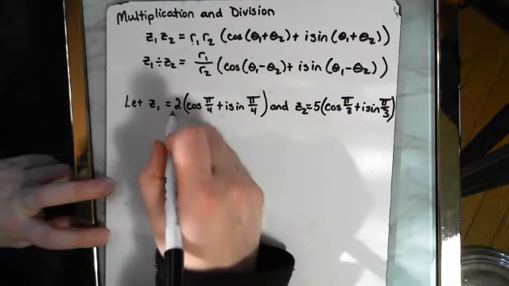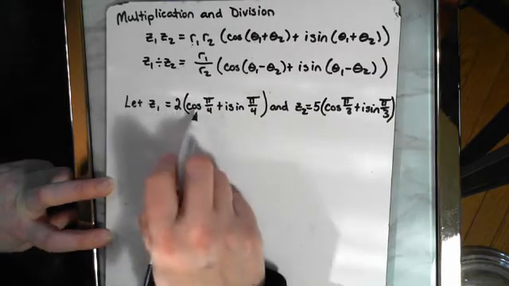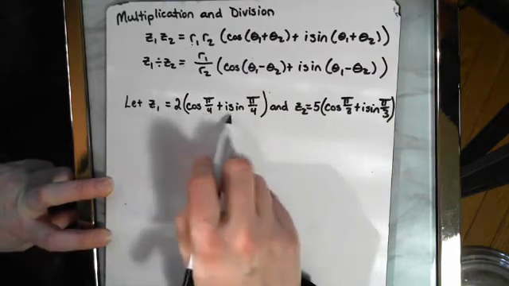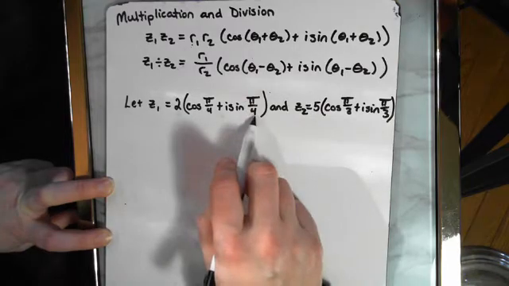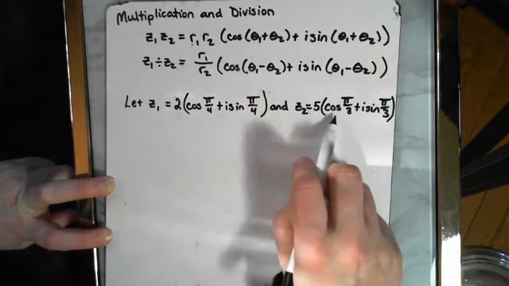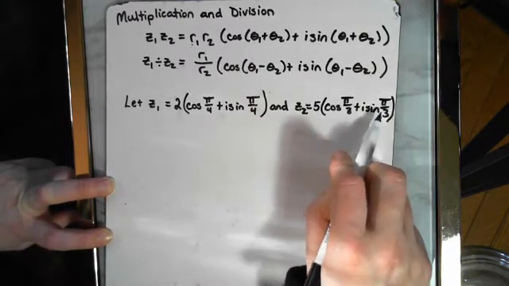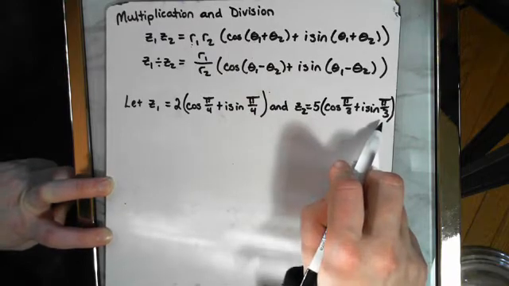Okay, so I have z1 equals 2 times cosine pi over 4 plus i sine pi over 4. And z2 equals 5 cosine pi over 3 plus i sine pi over 3.